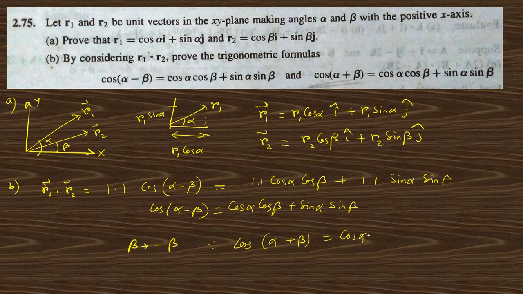The figure for that: this is R1 with angle alpha, this is R2 with angle beta, and this is minus beta, that's why it becomes like that. Okay, clear, this is the answer.